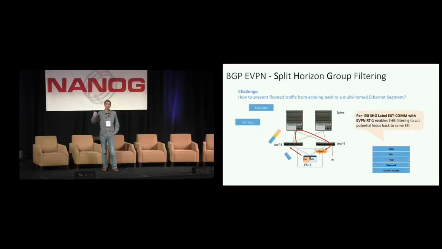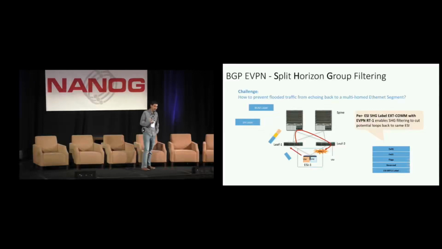At the same time, we must ensure that the other leaf that this host is multi-homed to, and that receives the packet, does not echo the packet back to the host that originated the packet in the first place. This is accomplished via a split horizon group filtering mechanism, where each leaf, for a local ESI that is attached to that leaf, allocates a split horizon group label and advertises it to all the other leaves in that ESI's redundancy group.